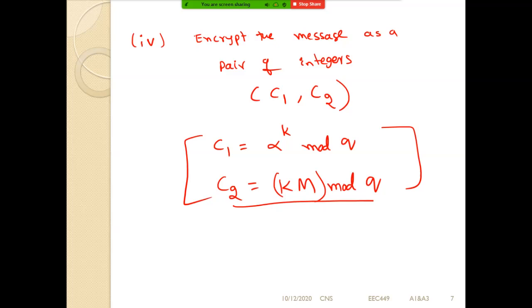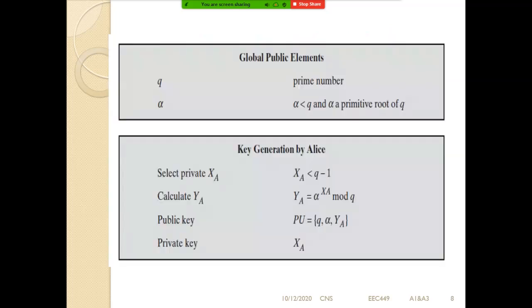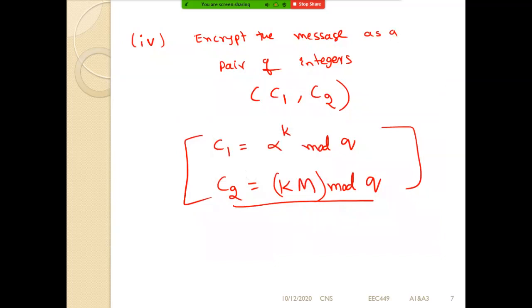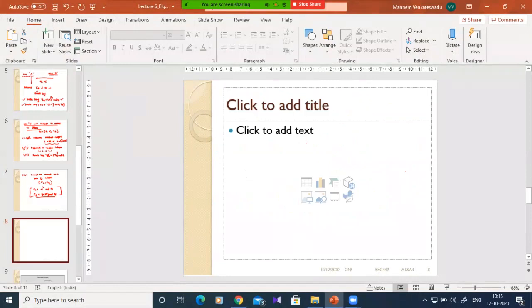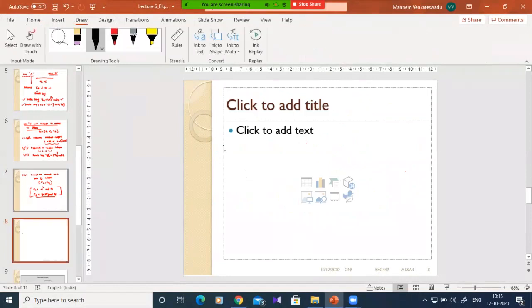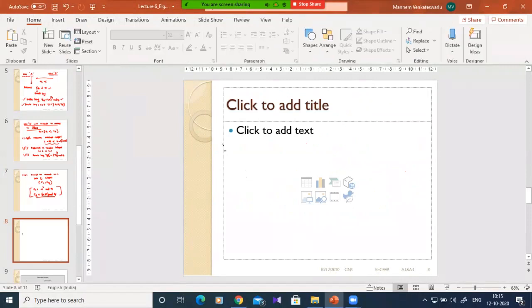So once the ciphertext is generated, it can be transferred to the user A. C1 comma C2 comes to the user A. Now user A recovers the message as follows.